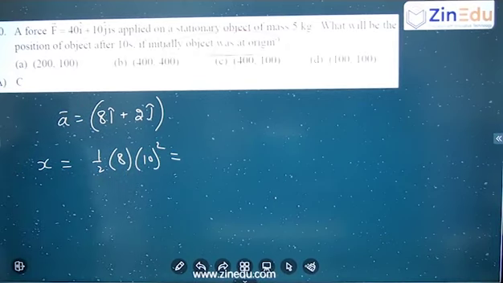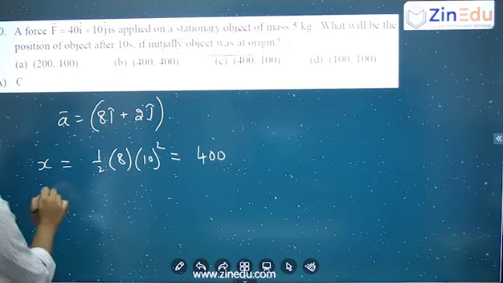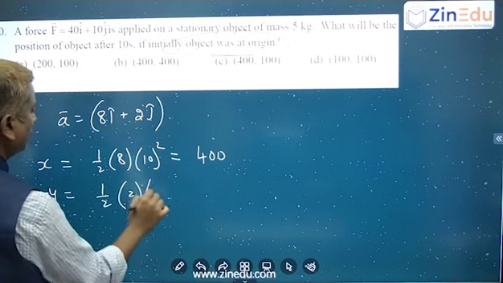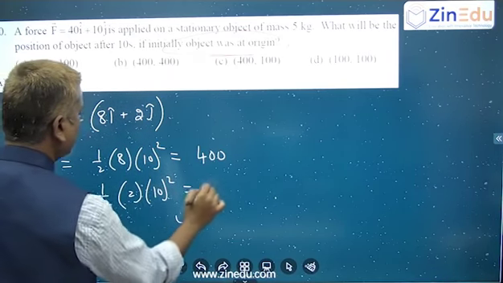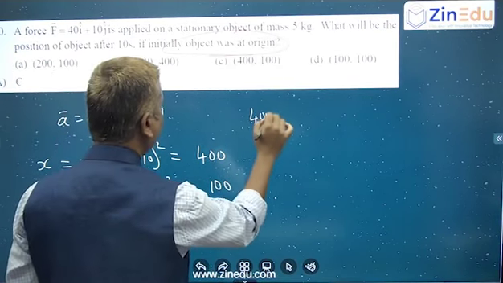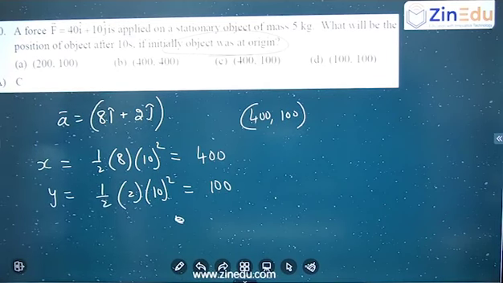So what is the total displacement in x direction? You will be getting 400. Similarly, displacement in y direction, half acceleration in y direction into t square, will get 100. So the position will be 400 comma 100, that's the position, right?